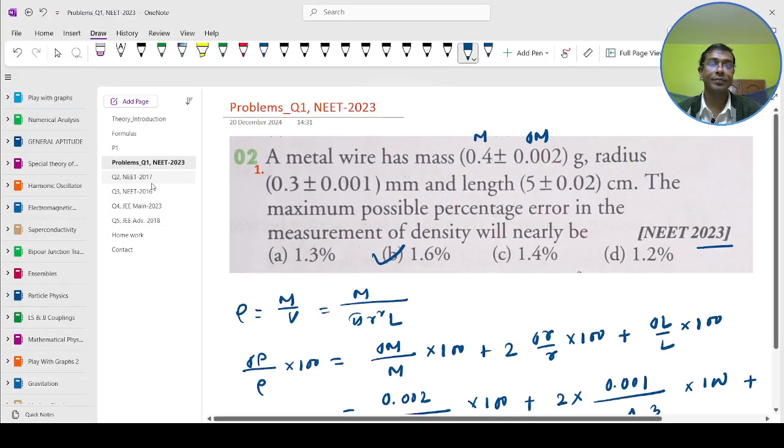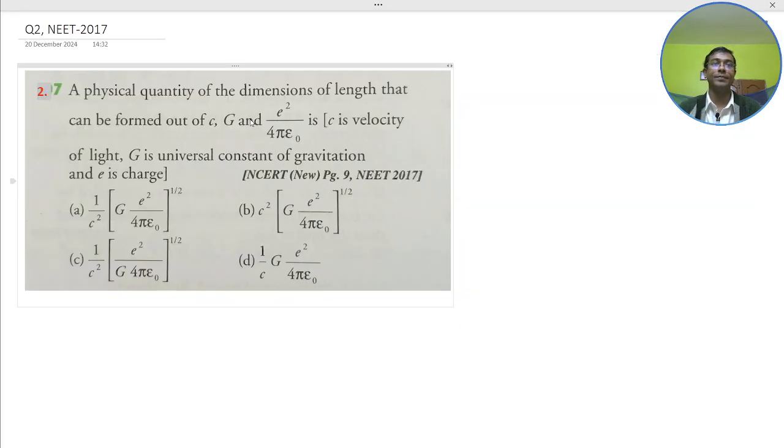Next one, coming in NEET UG 2017, a physical quantity of the dimension of length that can be formed out of c speed of light, G gravitational constant and e square by 4 pi epsilon naught. What will be the correct answer?